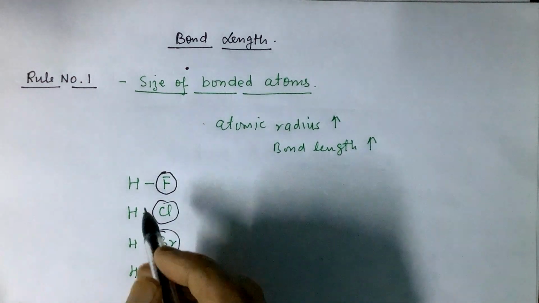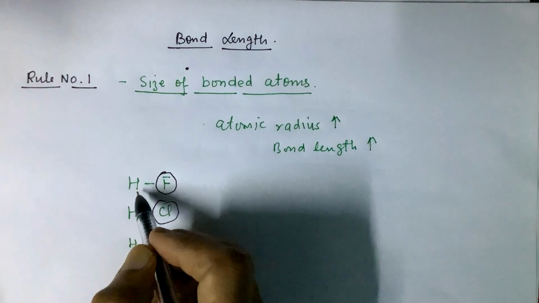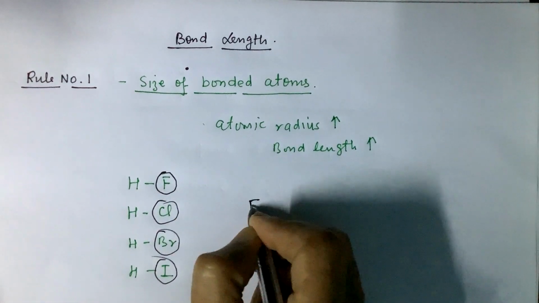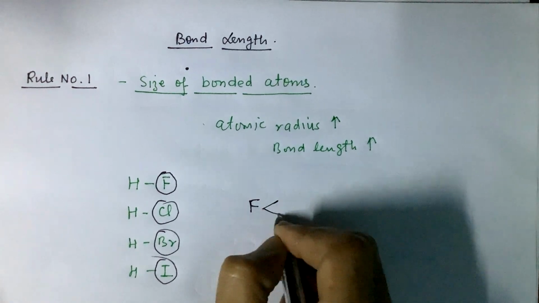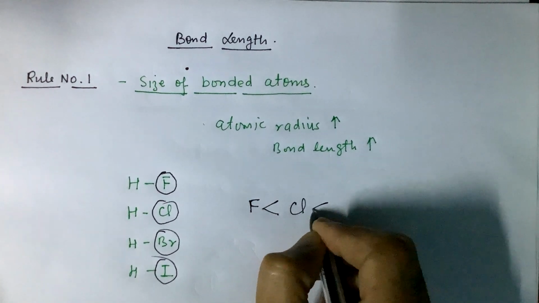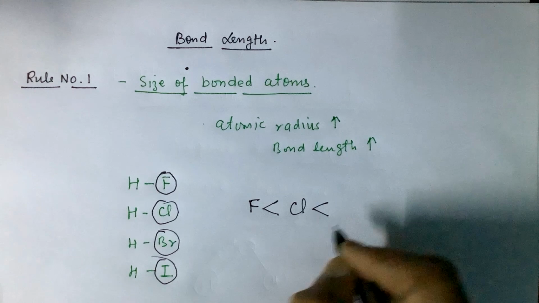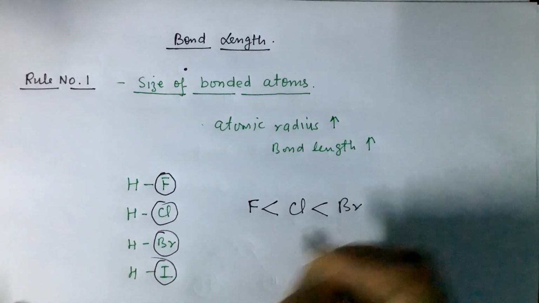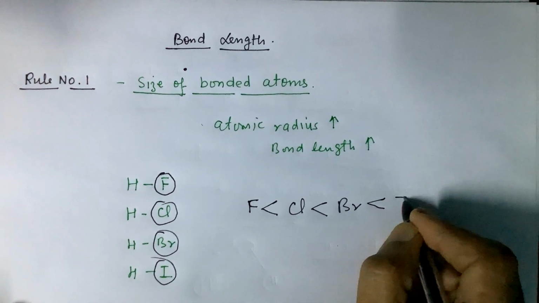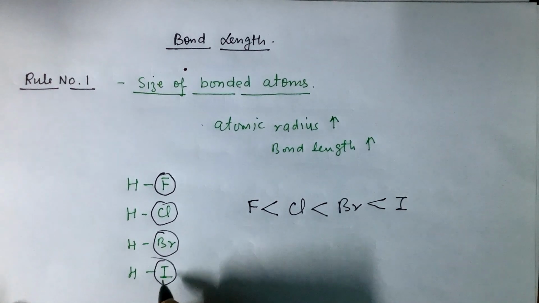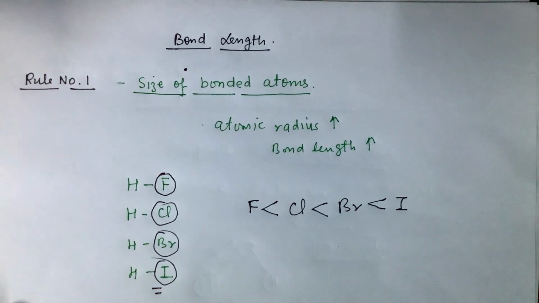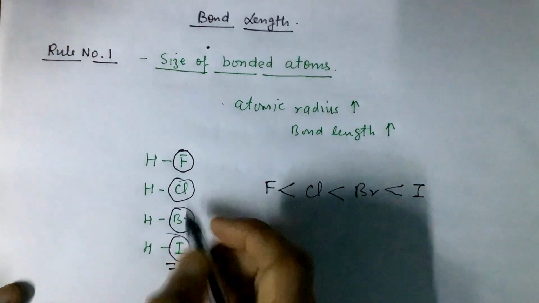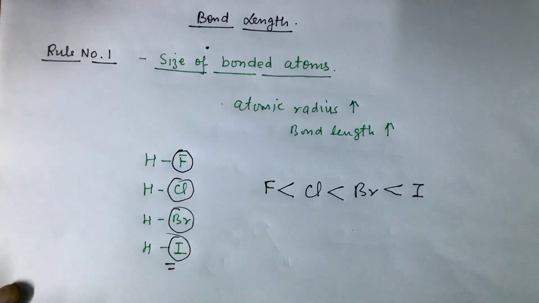In these molecules the other atom is the same, hydrogen, but the size of fluorine is less than chlorine, chlorine is less than bromine, and bromine is less than iodine. It means iodine is the largest atom in these 4 atoms.